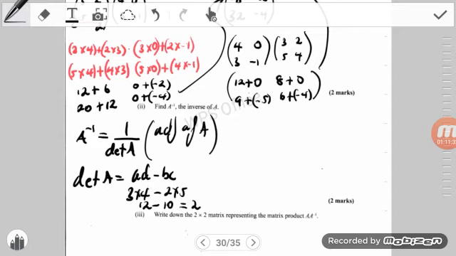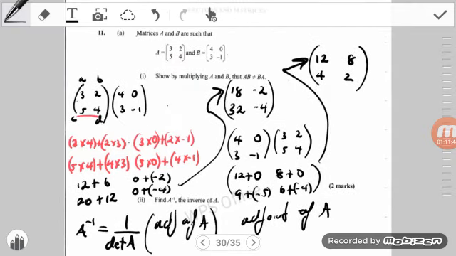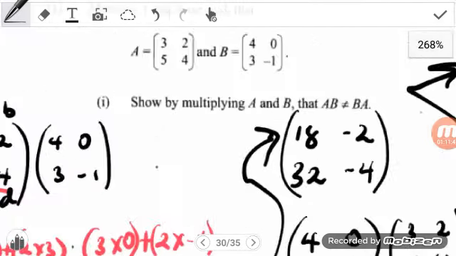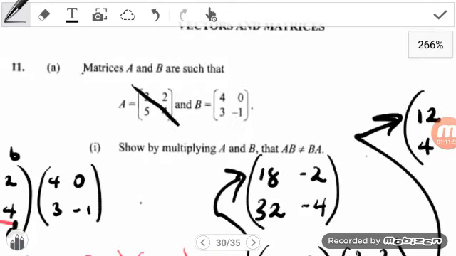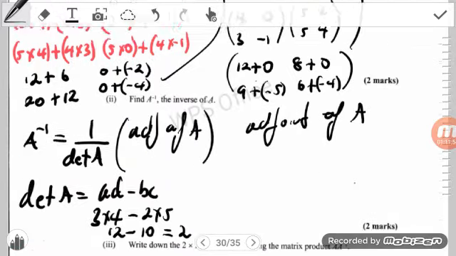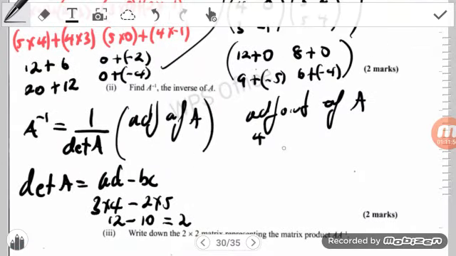We're now going to be finding the adjoint. So for the adjoint of A, you take the lead entry. This is called your lead diagonal. It's 3, 4, and you're going to switch the positions of the 3 and the 4. So the 4 goes where the 3 is, and the 3 goes where the 4 is.